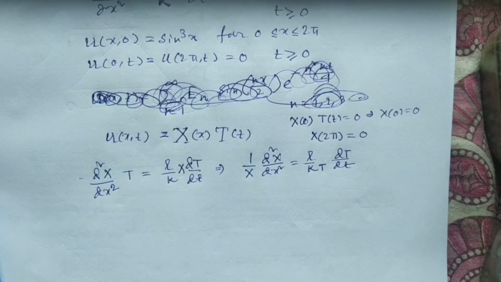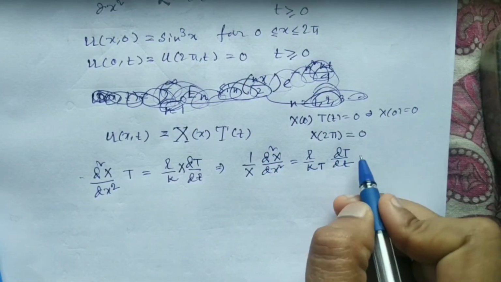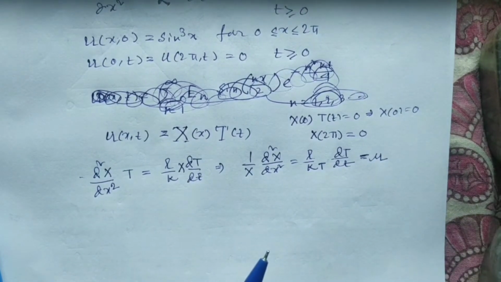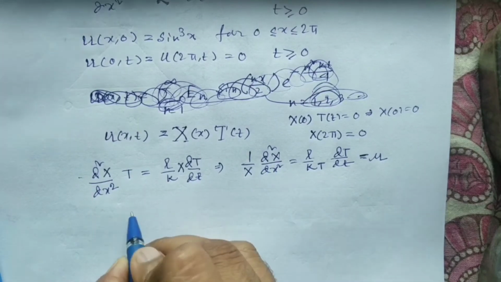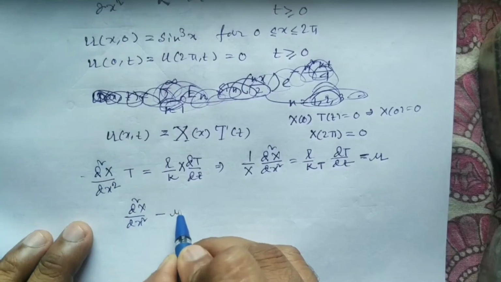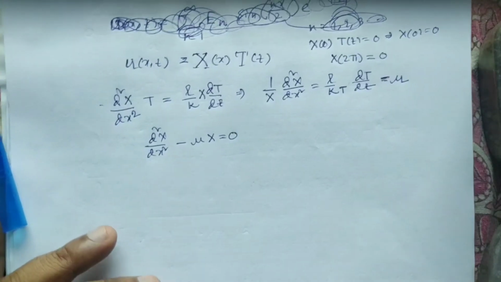Okay, so see, this is a function of x and this is a function of t, so we write them equal to some constant, and this turns this equation into d²X/dx² minus mu X is equal to 0. Now mu can have three values.